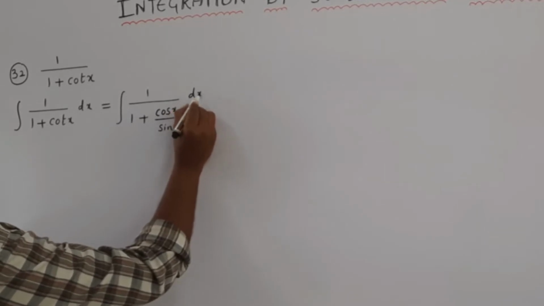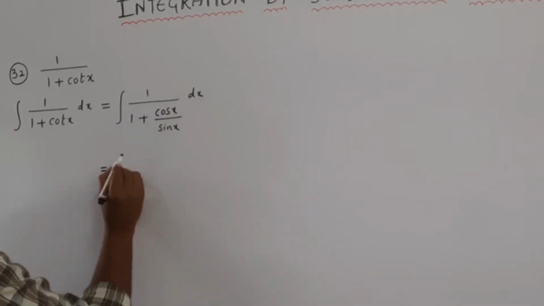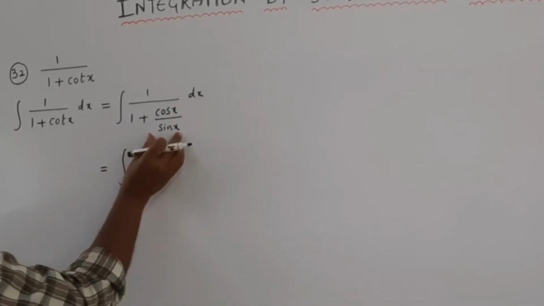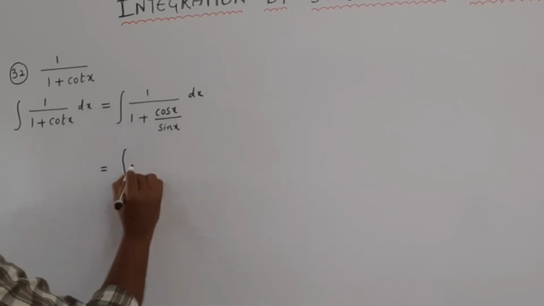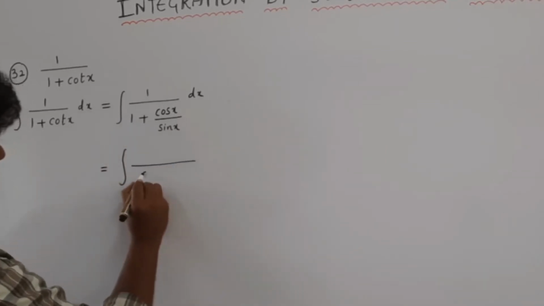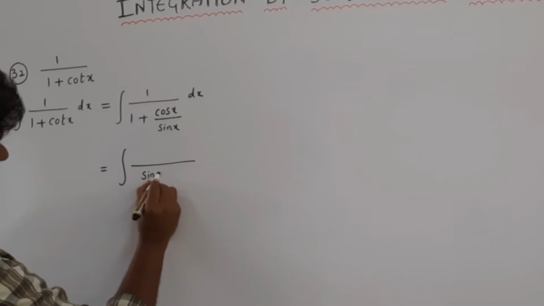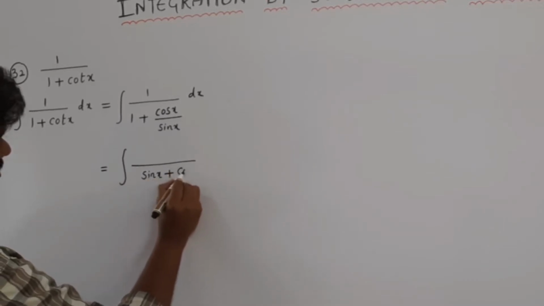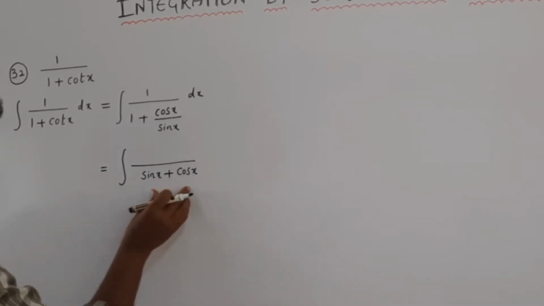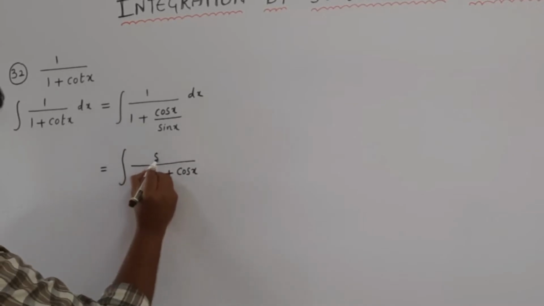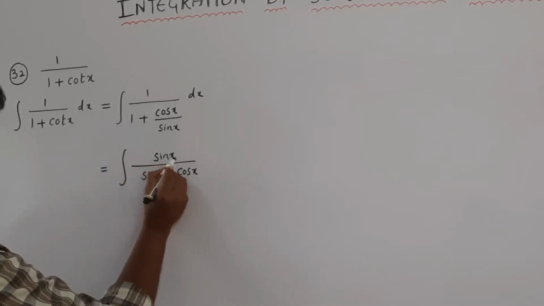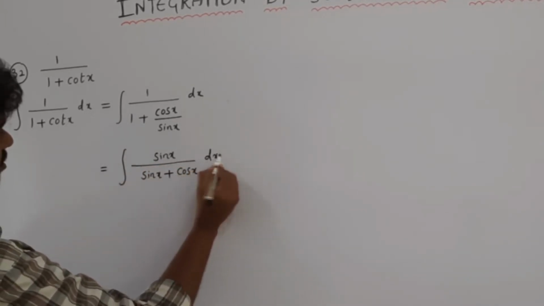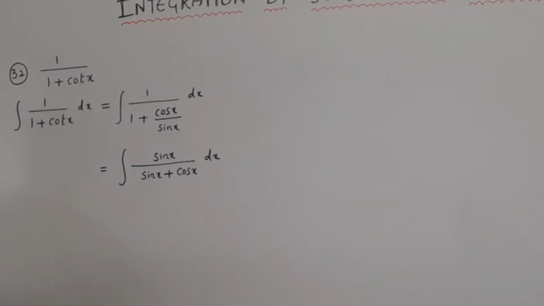Now take the sin x LCM. So what will we get? sin x plus cos x in the denominator. This LCM will go up. So sin x dx. Now multiply and divide by 2.